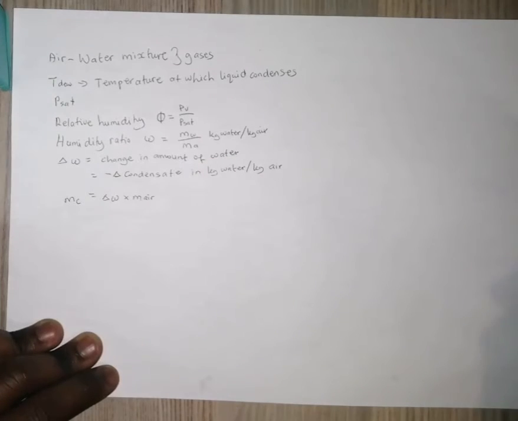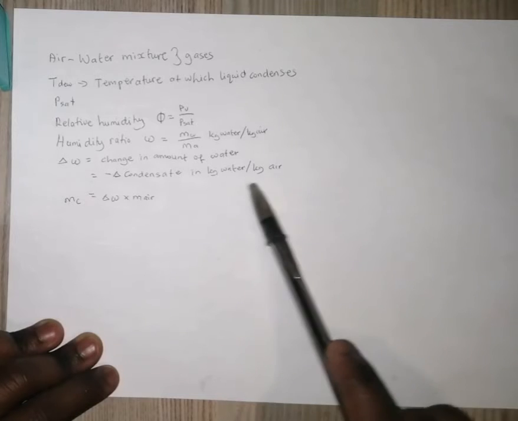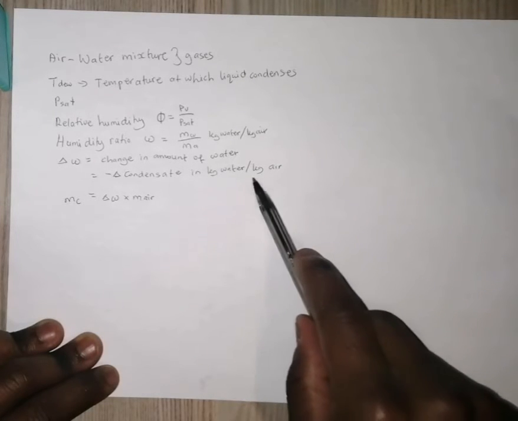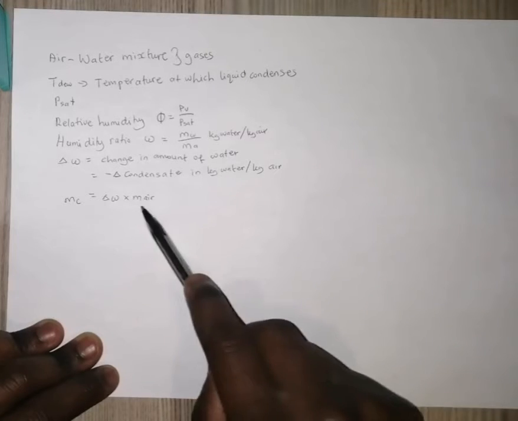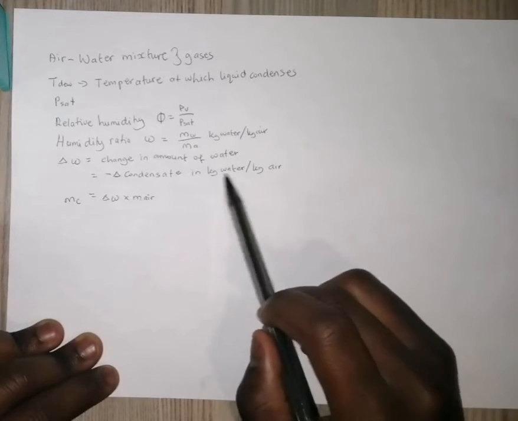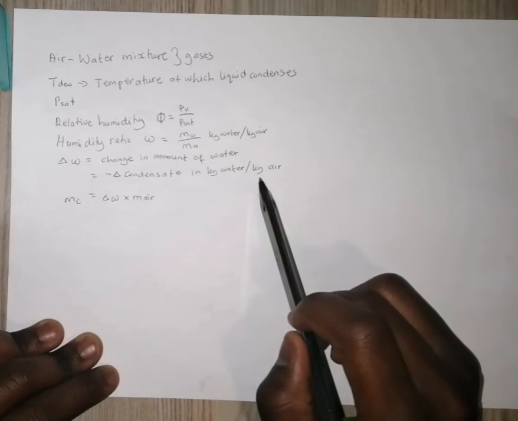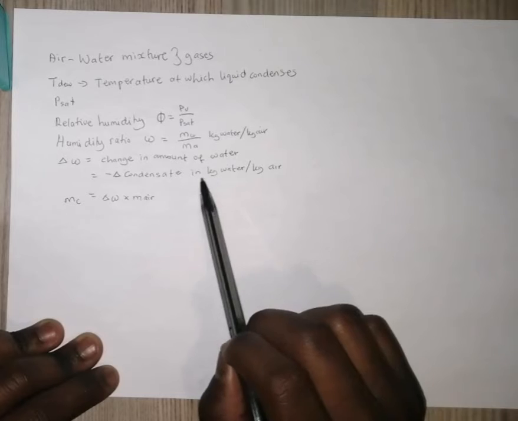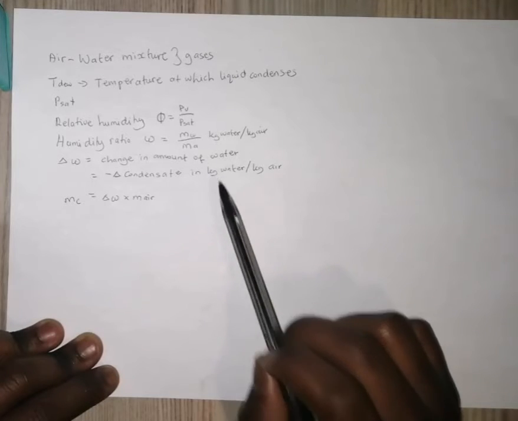This is because the air will not condense and the mass will remain the same. Therefore, we use the mass of air, and also looking at these units, we have the mass of air on the bottom. So if we multiply kg water over kg air times kg air, the kg air will cancel out and it will only remain with kg water.